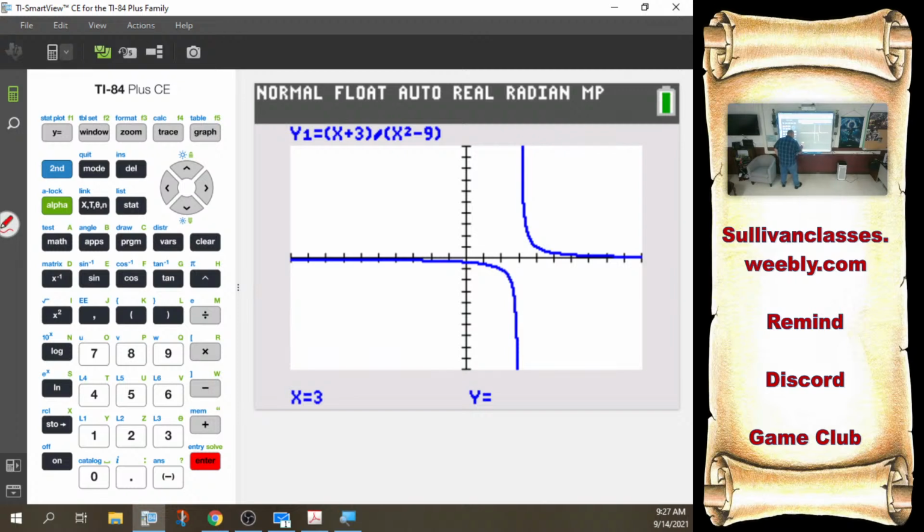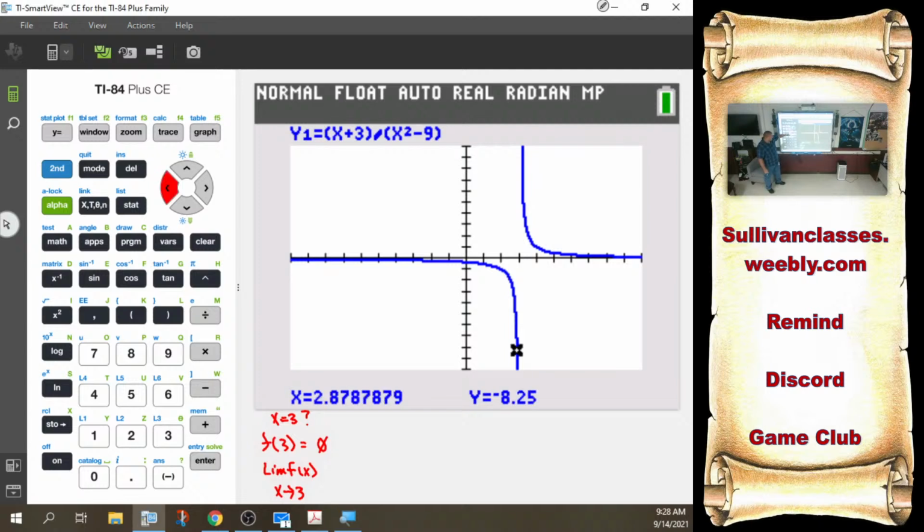If I'm testing at x equals 3, is it continuous at x equals 3? Function of 3. No. It doesn't exist. The limit of my function as x approaches 3.